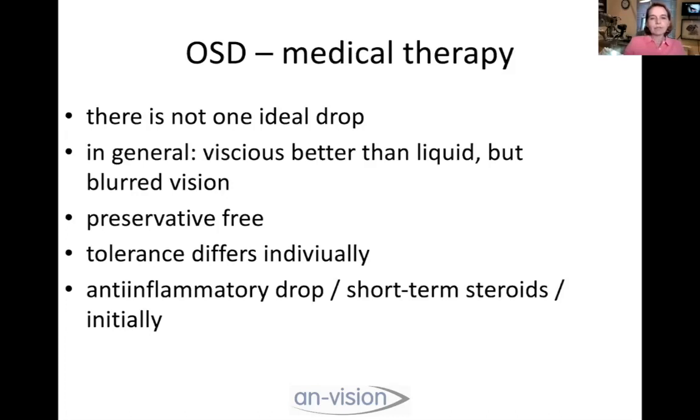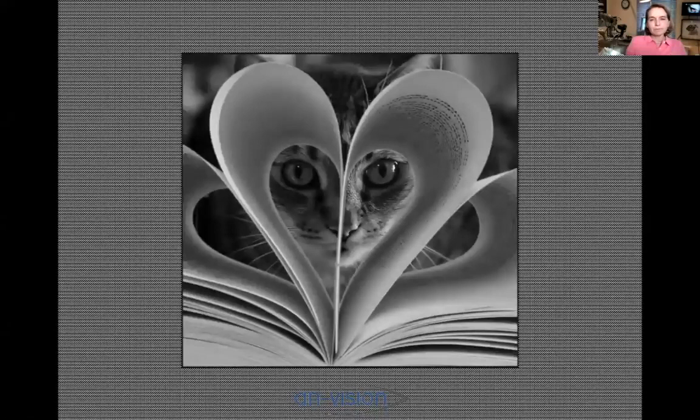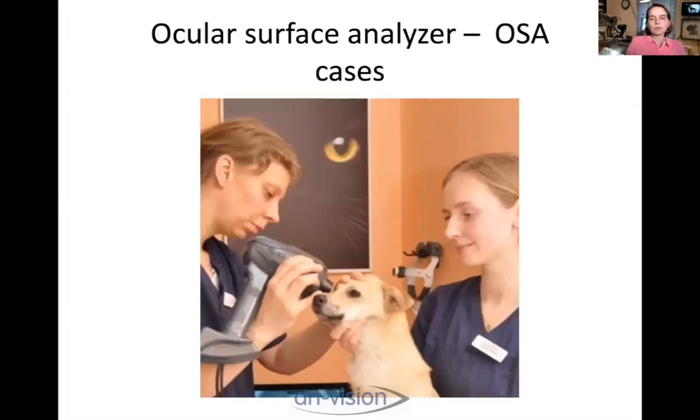Anti-inflammatory drops, initially short-term steroids. Remember the circle, you have a lot of inflammatory response. We do that quite often on a regular basis, that we add anti-inflammatory drops initially. I mentioned serum. Okay, so now we are moving on to some cases.